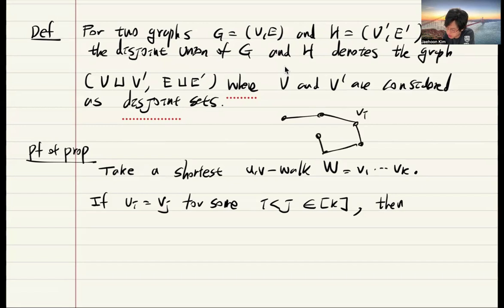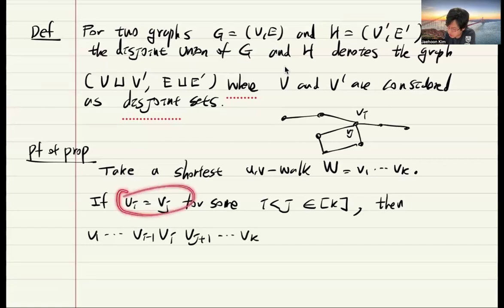So vi and vj are the same. Then instead of going this way, you might take just this way. Then again, you take v1 to vi minus 1, and then instead of going to vi plus 1, you directly go to vj plus 1, up to vk, because these two are the same. So this forms an edge, this forms an edge. So this forms a what?